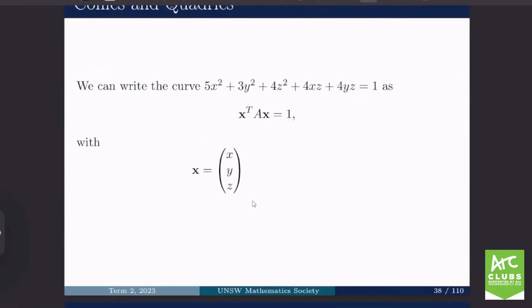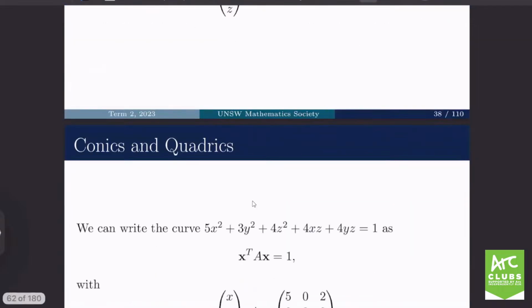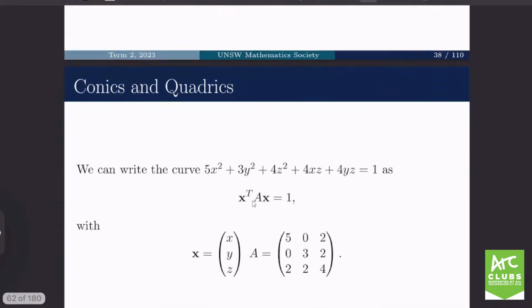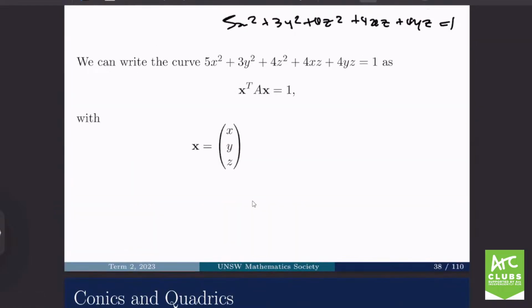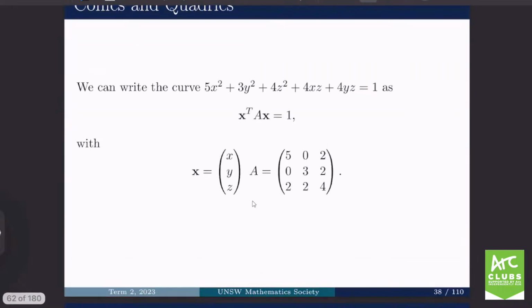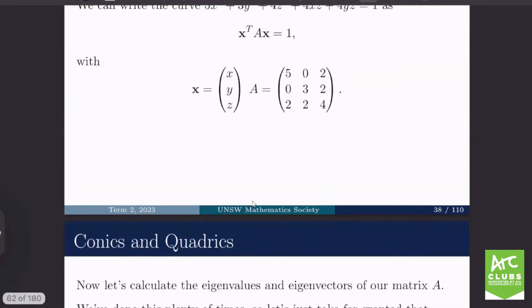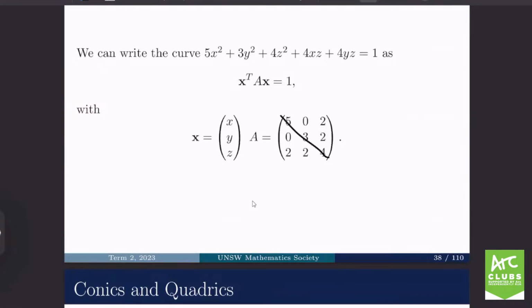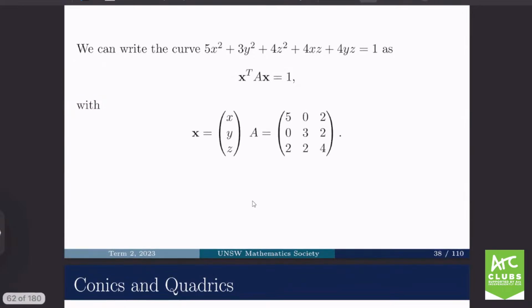First of all, we can identify this curve as this. So we need to find the actual symmetric matrix that represents it. In this case, it is 5, 3, 4 along the main diagonal. You can see that because we have 5, 3, 4 here.